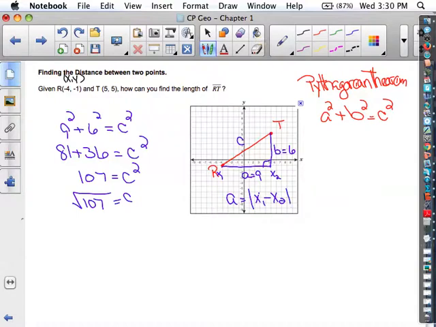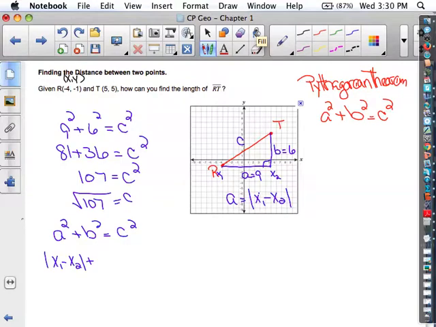Remember, that's the distance, right? So if I'm looking at this Pythagorean theorem, A squared plus B squared equals C squared, A I can really represent by the absolute value of x1 minus x2.